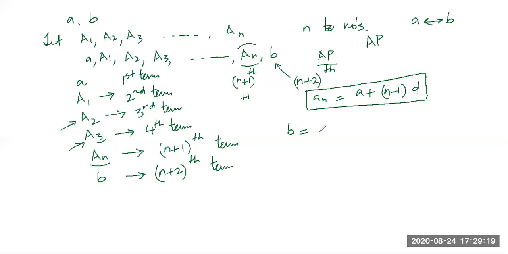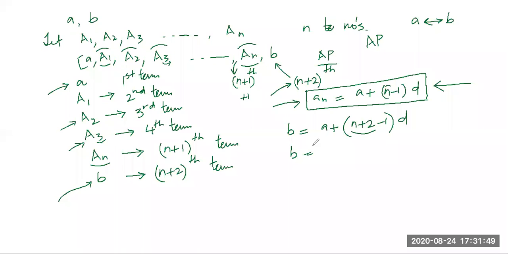So according to this formula, it would be A plus n plus 2 minus 1 into D. So we can say that B is equal to A plus n plus 1 into D. So see that, students, you could write here n plus 1 into D would be equal to B minus A. So what is D? It's very important. B minus A divided by n plus 1.